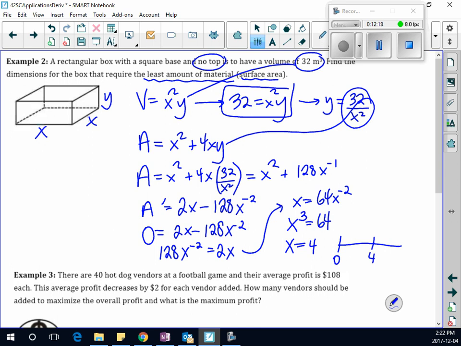So what I'm going to do is rewrite this with A prime equals 2, and if I take an x out, I'm left with 1 minus 64.